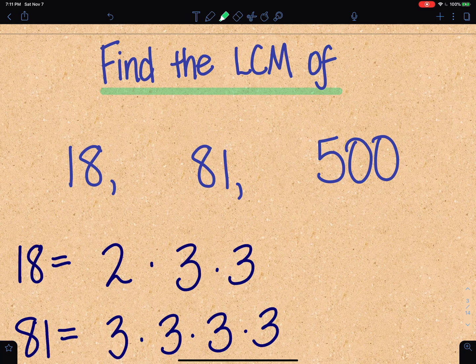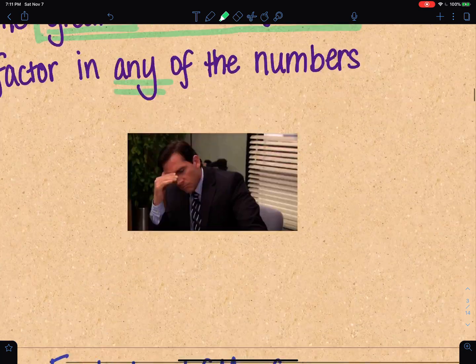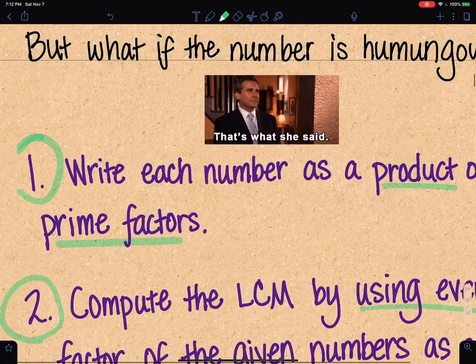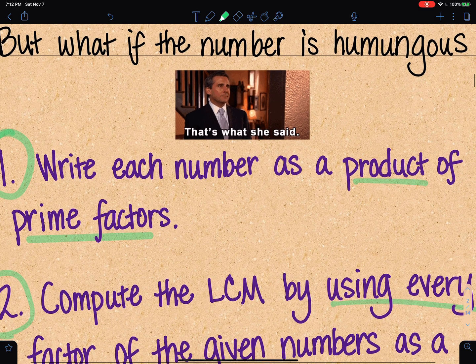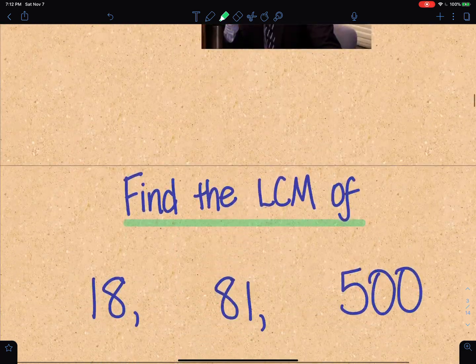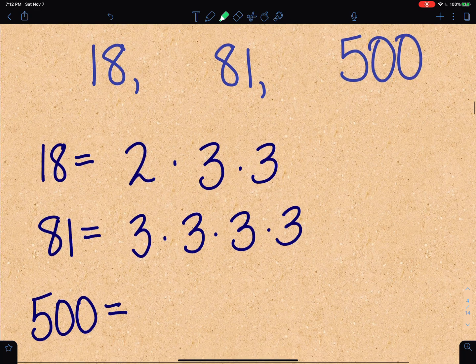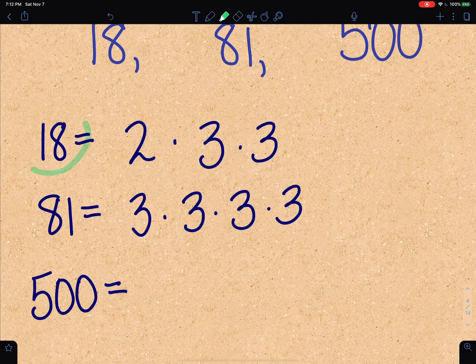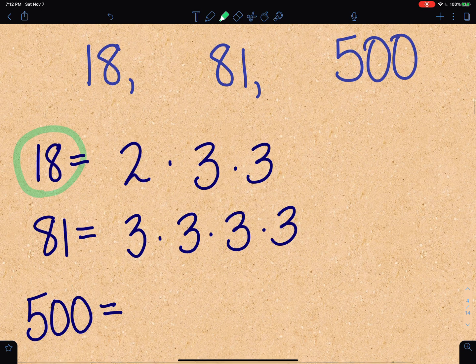So the first step was, let's go back and see what the first step was. Write each number as a product of prime factors. So we take the number 18. Do you remember how to write it as prime factors?